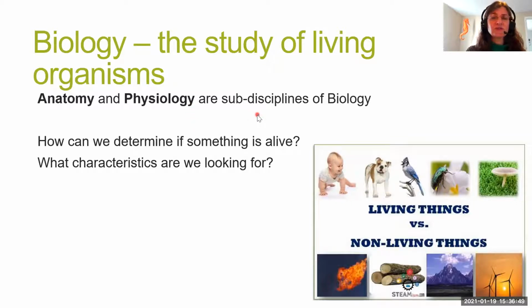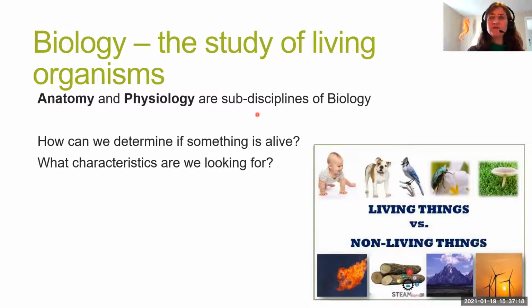But first of all, I just want to point out the difference between life science, studying living things, versus natural sciences like geology, chemistry. Chemistry can be life or non-life, but still natural. Physics, for example, is natural sciences, but not necessarily looking at living things. So how would we know?